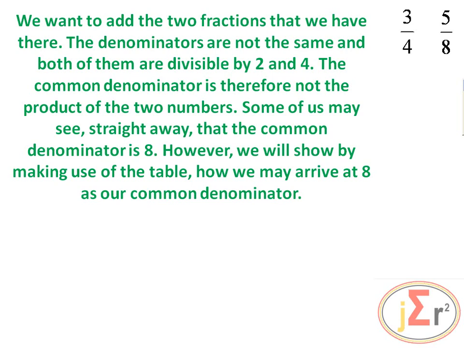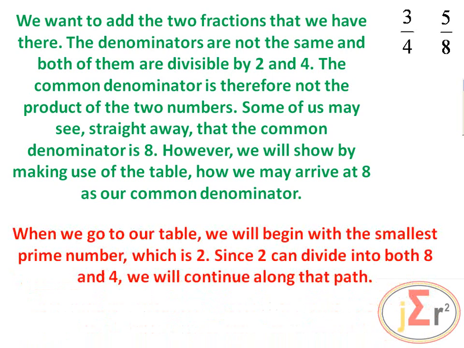Some of us may see straight away that the common denominator is 8. However, we will show by making use of the table how we may arrive at 8 as our common denominator. The common denominator is 8 on this occasion. And, of course, 8 is not equal to 4 times 8. 4 8s? 32.